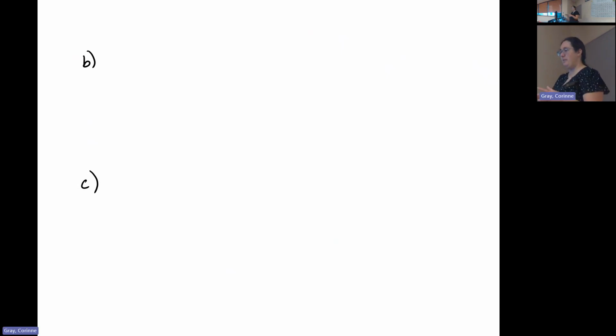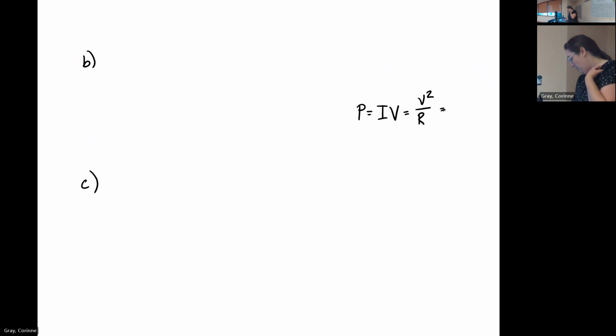Pick one, and we can use it. We can use the same power definition for both of them. It doesn't really matter. We can use P equals IV. Sorry, I'm trying to think about what the equations are off the top of my head. V squared over R, I squared R. So we can use any of these, doesn't really matter.